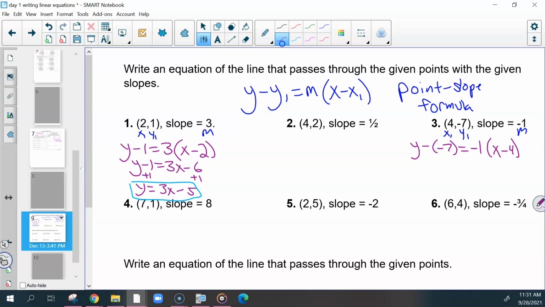So this negative and this minus is going to become a plus. And I can distribute this to become negative x plus 1. And then move 1 to the other side by subtracting. So y equals negative x minus 3. Our equation of the line.